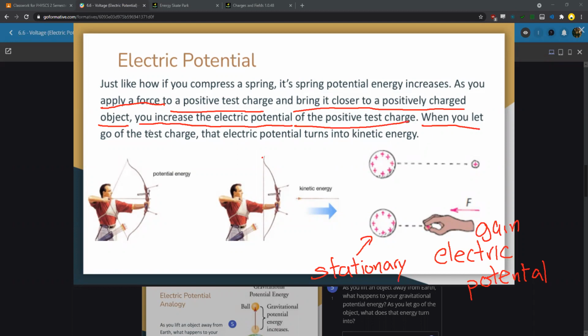When you let go of the test charge, that electric potential turns into kinetic energy of the charge, right? The charge goes flying off with a velocity. The charge now has a kinetic energy. All that energy went into kinetic energy.